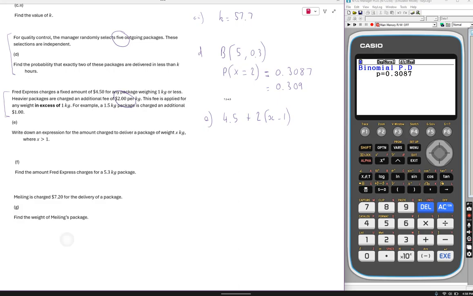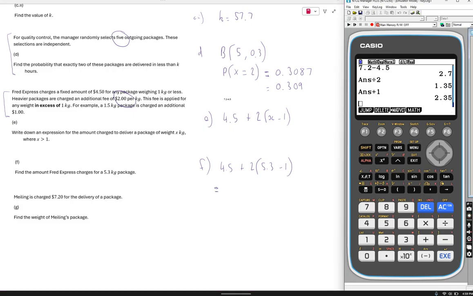For F, down here, find the amount Fred Express charges for a 5.3 kilo package. So $4.50 plus 2 outside of X is now going to be 5.3 minus 1. Let's get the calculator.